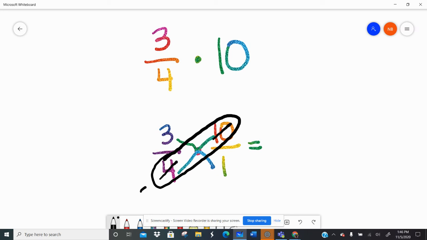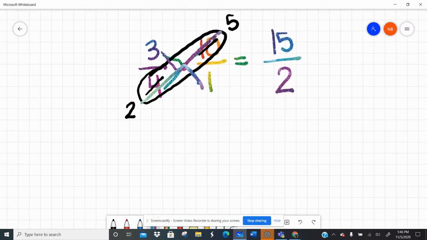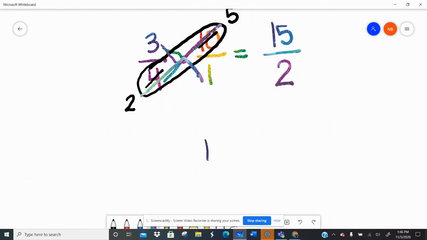4 divided by 2 is 2. 10 divided by 2 is 5. So now I can do my multiplication. 3 times 5 is 15, top times the top. 2 times 1, bottom times the bottom, is 2. And again, I have that improper fraction that I'm going to make a whole number.